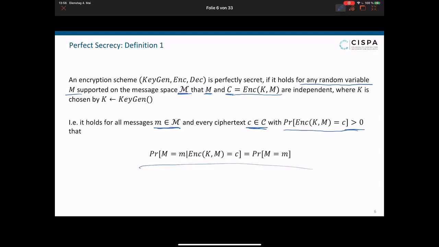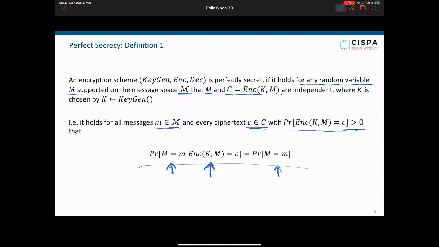If we think of the definition of conditional probabilities and independence, what this means is that even if you get to see the ciphertext, the posterior distribution of the message after seeing the ciphertext is still the same as the a priori distribution of the message.